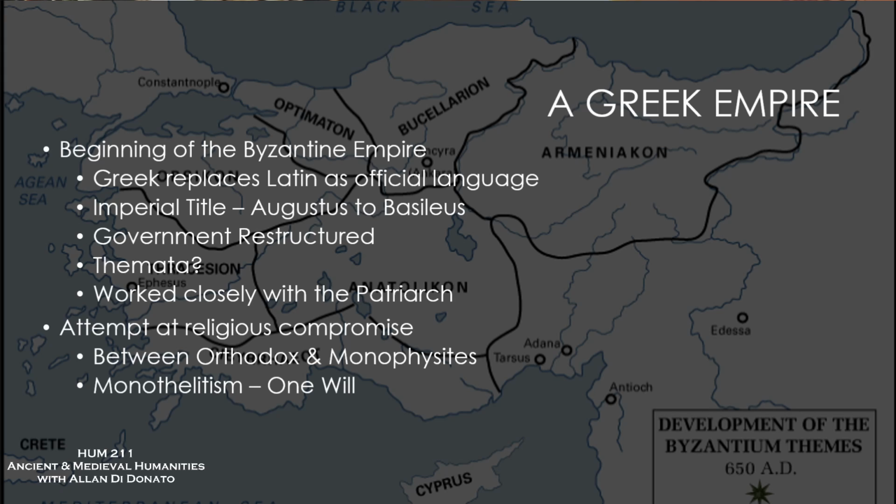Monothelitism is a middle point, I guess not really a middle point, but it was the view that Christ had a single will, if not a single nature. Now, this is absolutely an abysmal disaster as far as a compromise goes, because both the Orthodox and Monophysites view this new position as heretical. So whatever attempts he's making to bring these groups together ultimately fails, as you would expect.